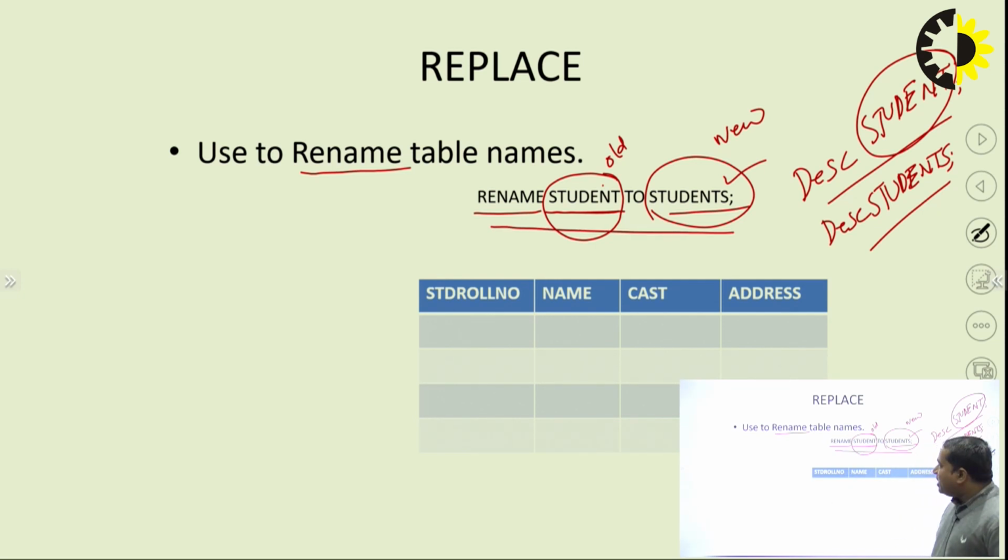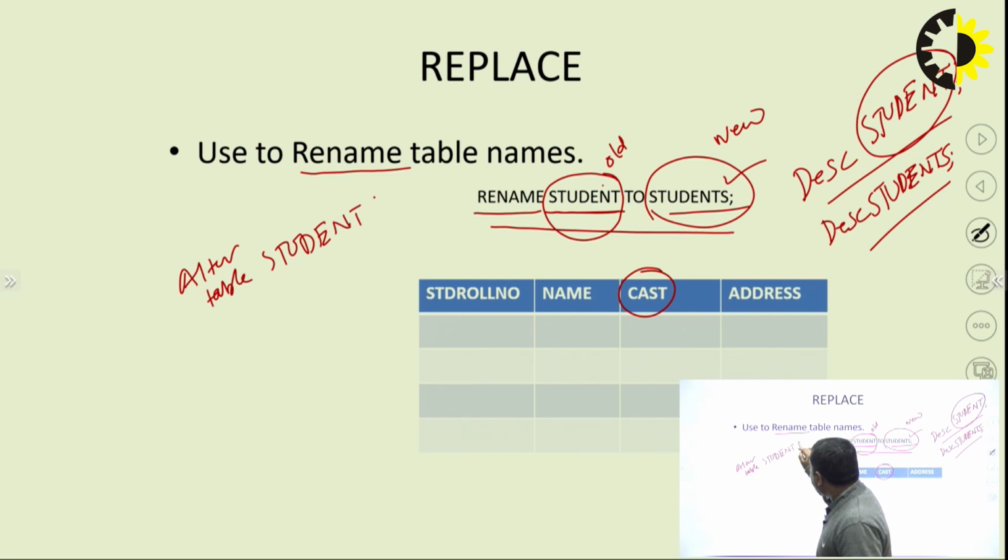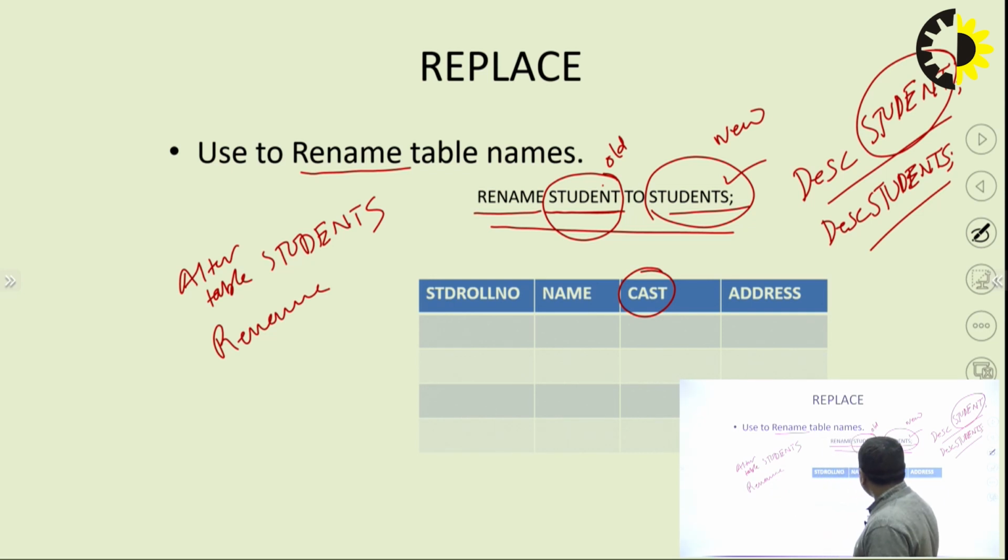What if we want to change an attribute name? If you want to rename a column, it will work along with alter. So we write alter table. For example, we take this renamed table students, and now we want to rename, so we write rename, the old name, and convert it to the new one, casts.